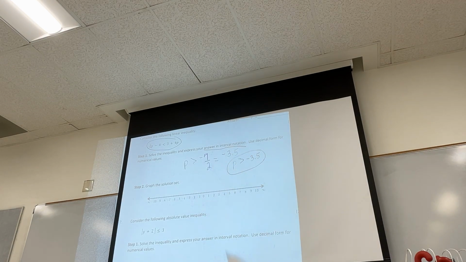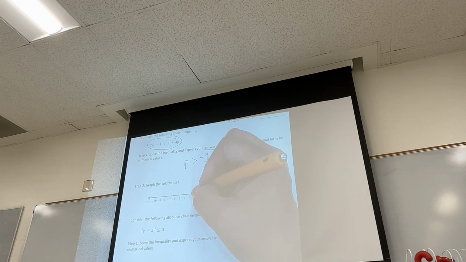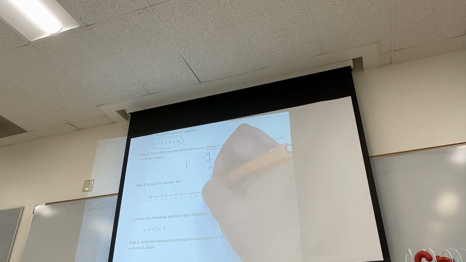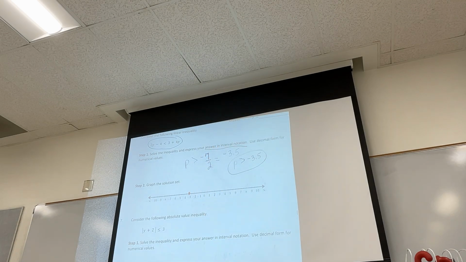How would I graph this that we just solved? We would go to the negative 3.5 on my graph, which is, wait, hold on, 0, 1, 2, this number line's not drawn very well, is it? So we'll make about right here. Okay.